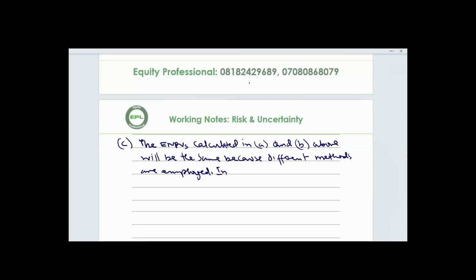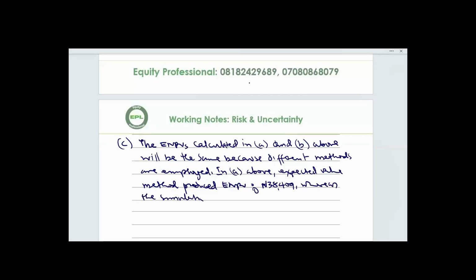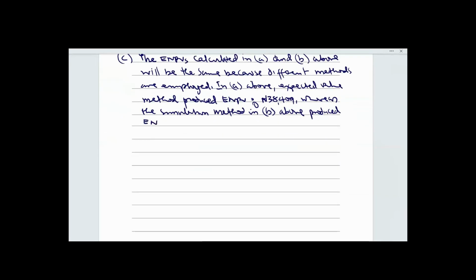Okay, in A above, expected value method produced expected NPV of 38,409, whereas the simulation method in B above produced expected NPV of 32,100.